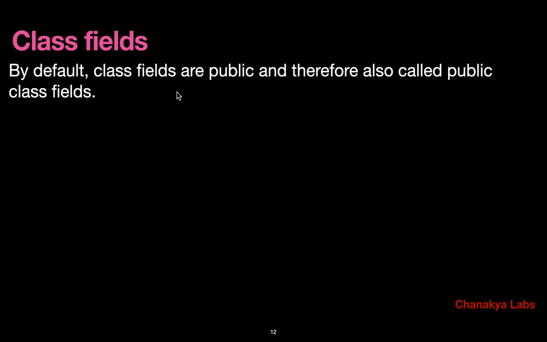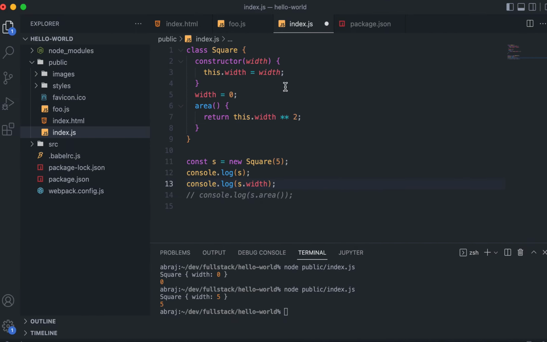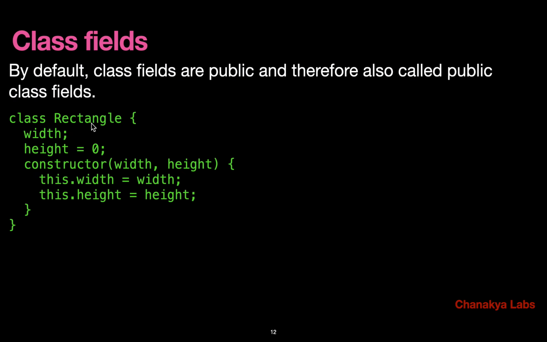But right now you can understand that attribute, property, and field are words you can use interchangeably. So the thing we are talking about, like height, is a field, and width is a field.